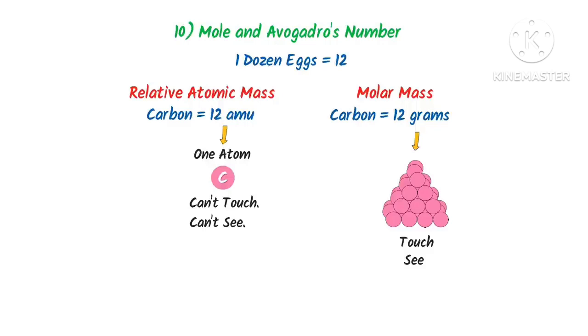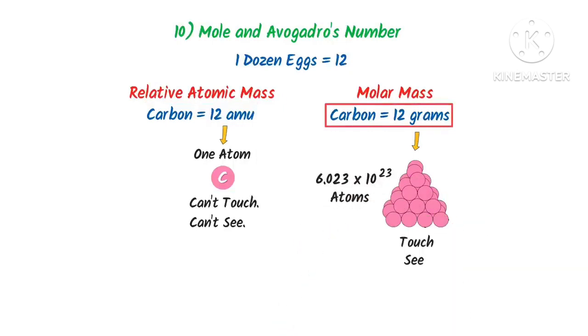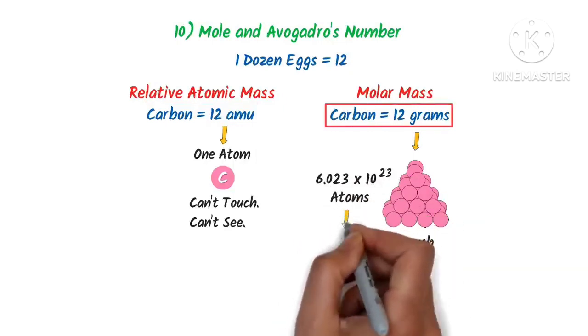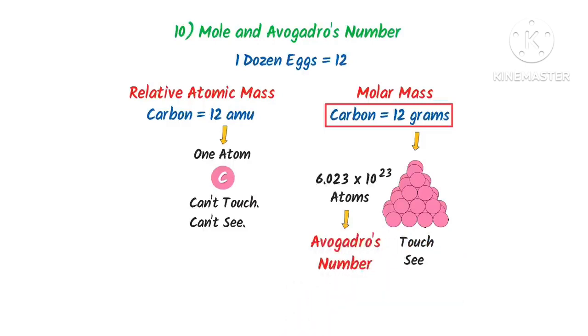We know that in 12 AMU, there is only one atom of carbon, but in 12 grams, there are a total of 6.023 × 10^23 atoms. Thus, this number is known as Avogadro's number. Thus, remember that in 12 grams of carbon, there are 6.023 × 10^23 atoms.